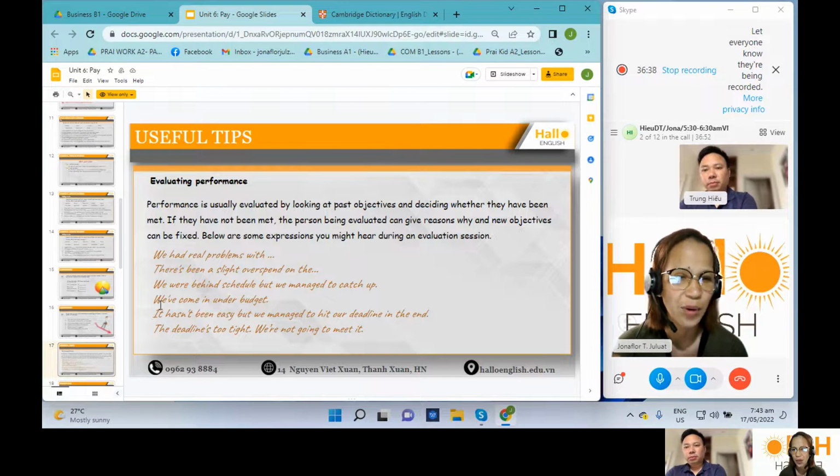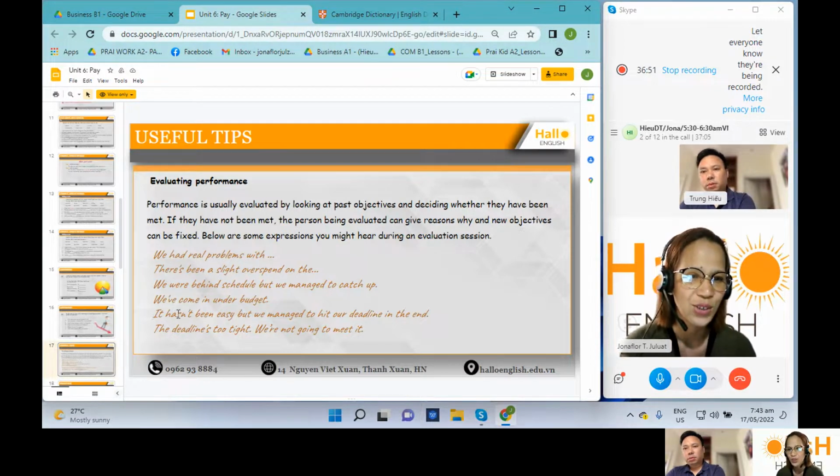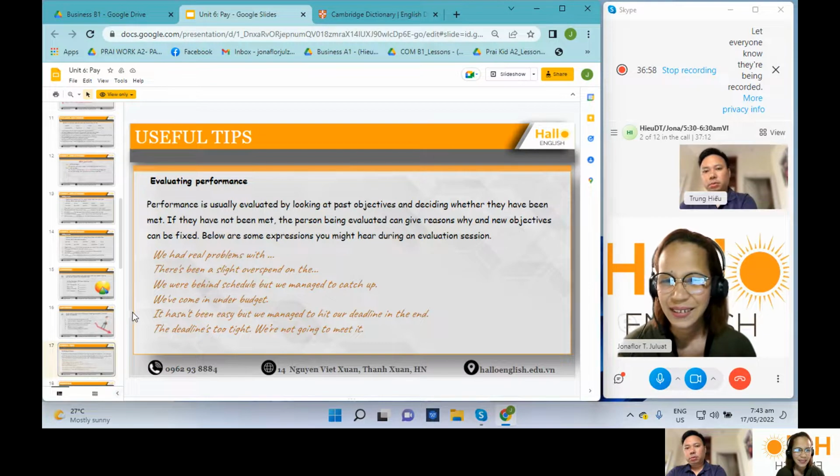If some bosses or managers ask you why you didn't finish this report or these objectives, these are some useful expressions you can use. For example, we were behind schedule, but we managed to catch up. Or the deadline is too tight. We're not going to meet it.